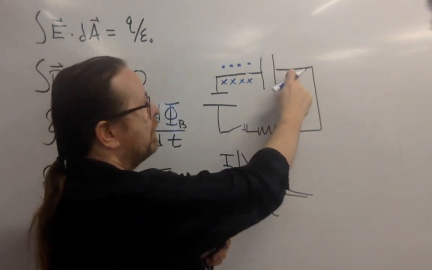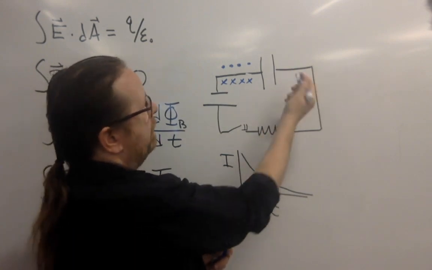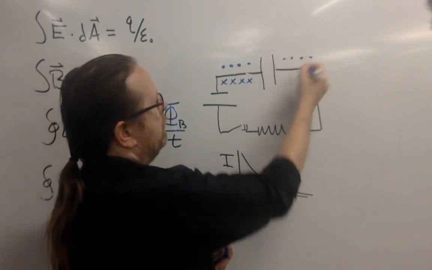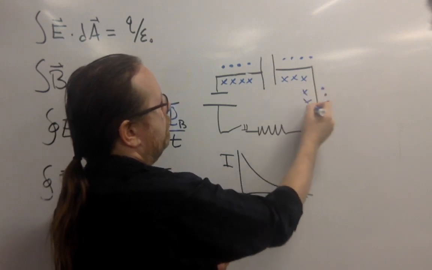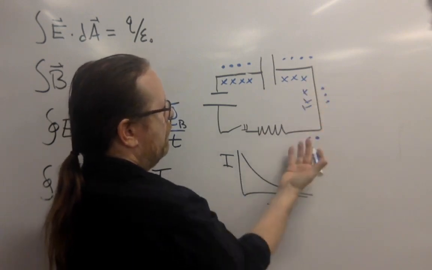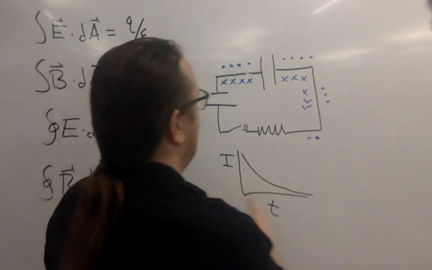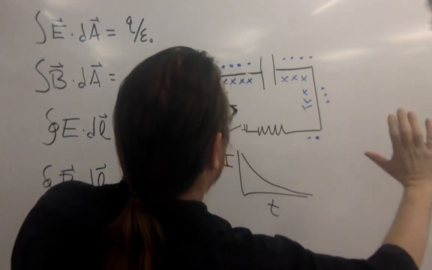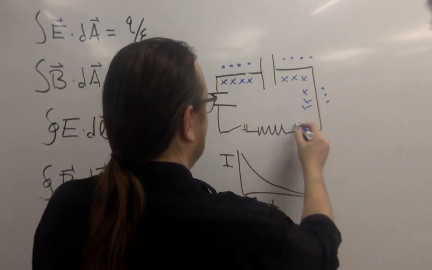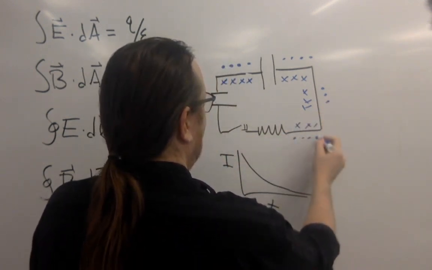Over here, where there's current flowing, there will be a magnetic field out of the board here, into the board there. Can't make my hand go that way. Into the board here. Yeah, out of the board there.